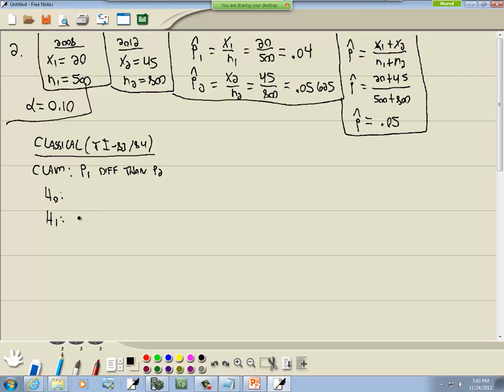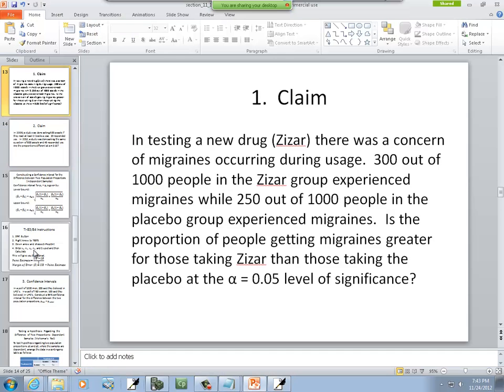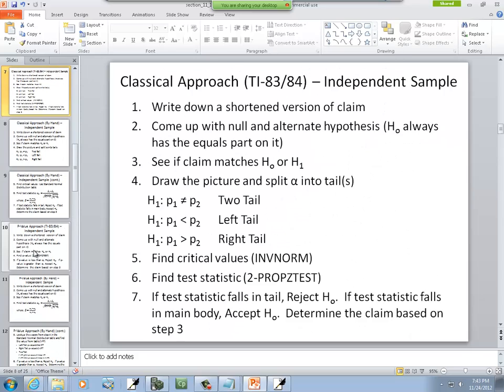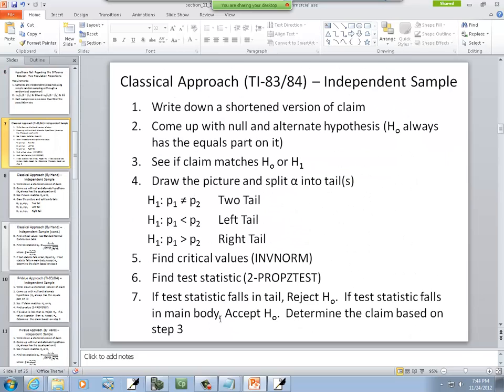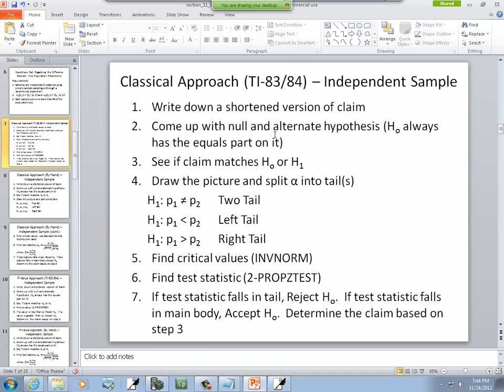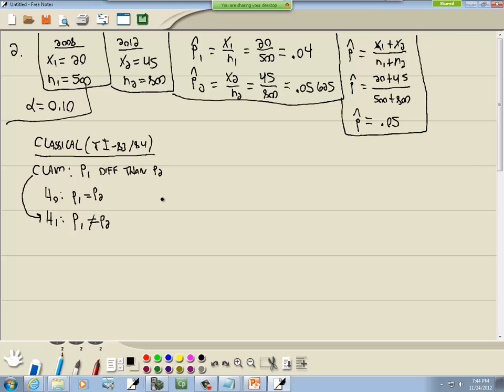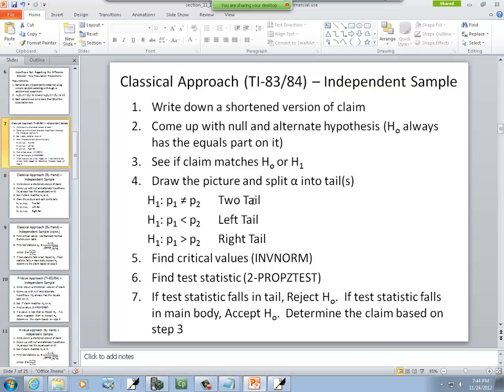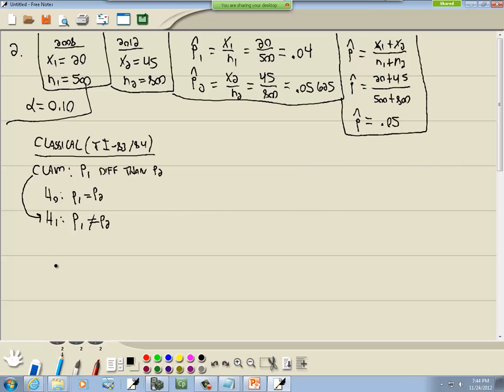Different than is a not equal to symbol. So H1 is P1 is not equal to P2, and H0 is P1 is equal to P2. That matches the claim. I'm kind of jumping ahead, so let me go back to my steps. Write down the shortened version of the claim. Got that. Come up with the null and alternative hypothesis. We just did that. See if the claim matches H0 or H1. It matched H1. Draw the picture. Not equal to is two tails.